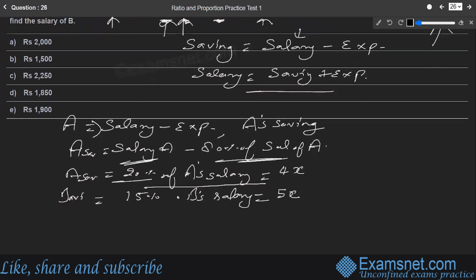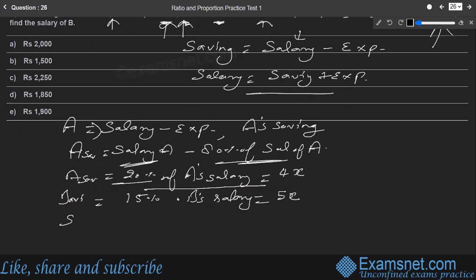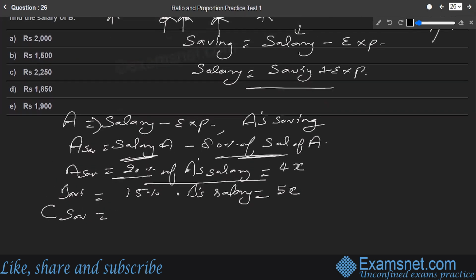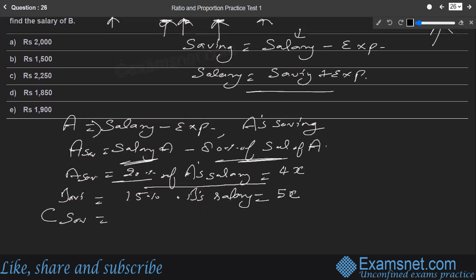Similarly, for C, he spends 90% of his salary. So if 90% of the salary is spent, only 10% is left out.